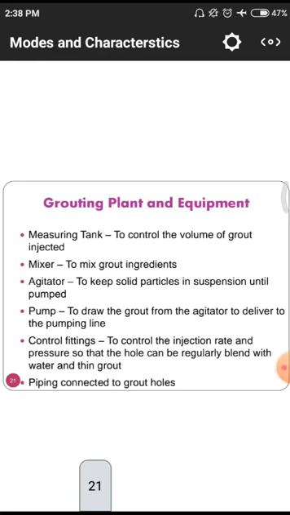Whenever we give more pressure, there is a chance of bursting, so they have to use these control fittings. First of all, to control the injection rate and pressure, so that the hole can be regularly blended with water and thin grout.